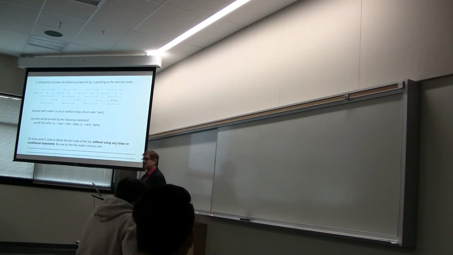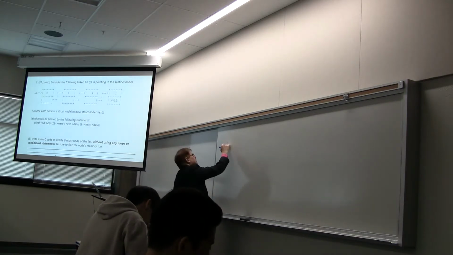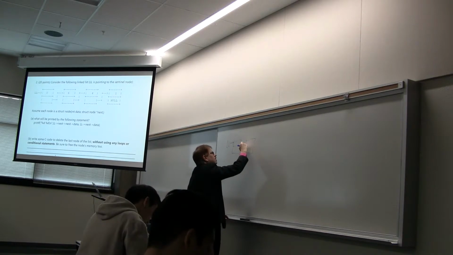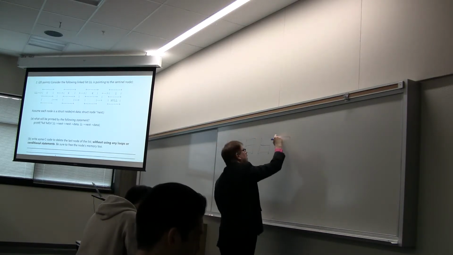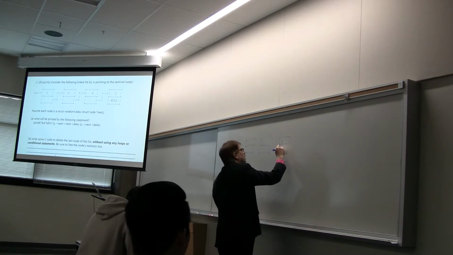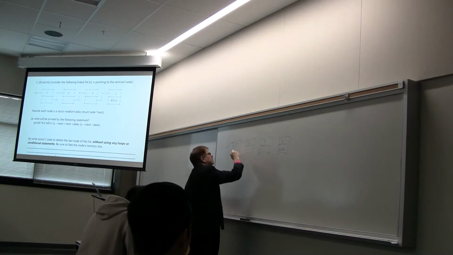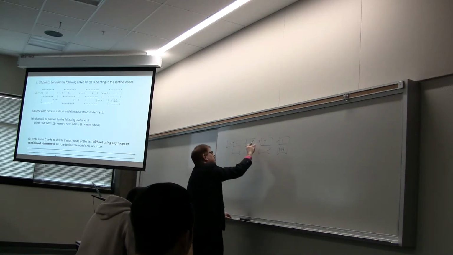So this is a linked list, and let me put it on the board so we can write on it. So this is a 0, 6, and a 4, and this pointer's here, this pointer's here, this pointer's here.